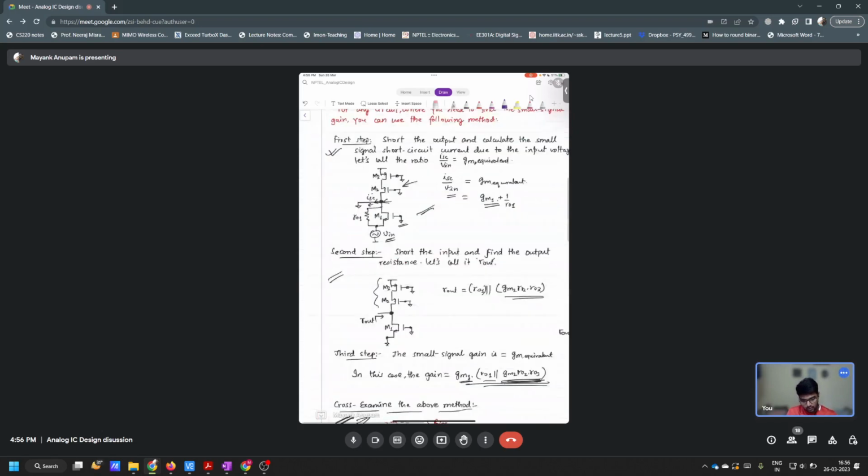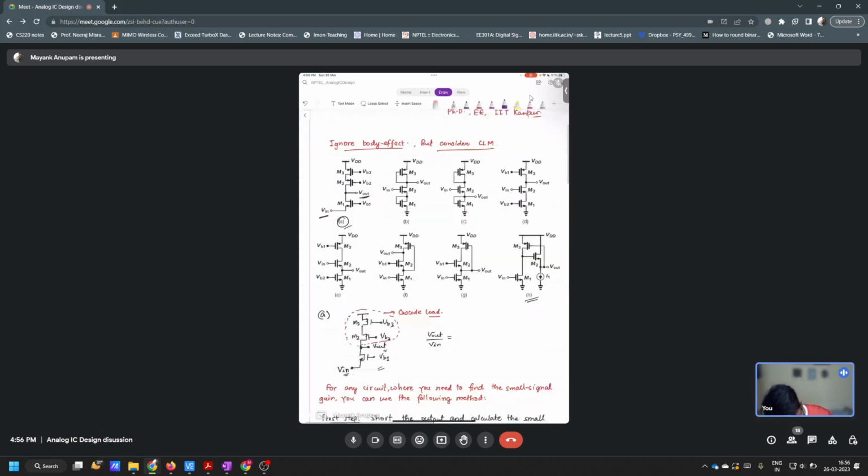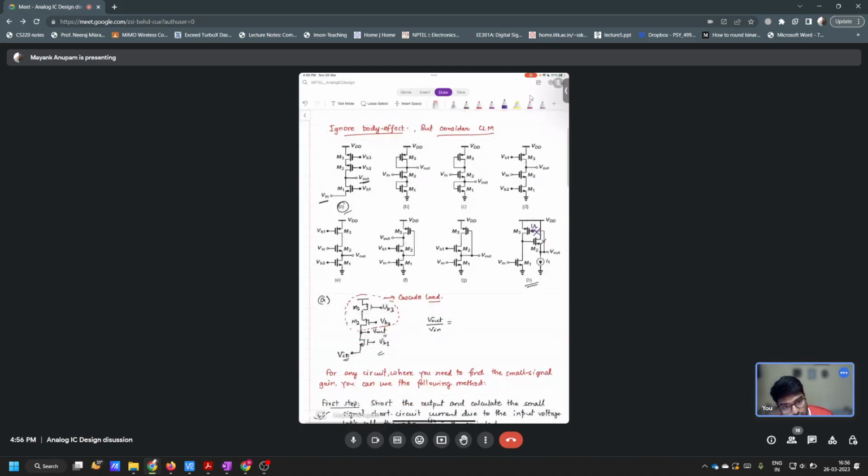What I mean by this is, let's see this question. If you didn't have this connection here, and let's say this was simply connected to some VB, then you can see that this is a simple two stage amplifier.